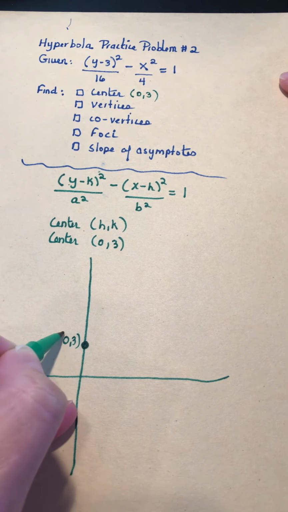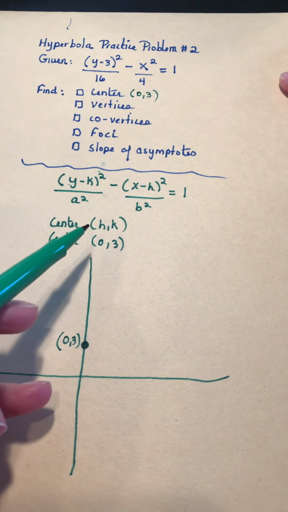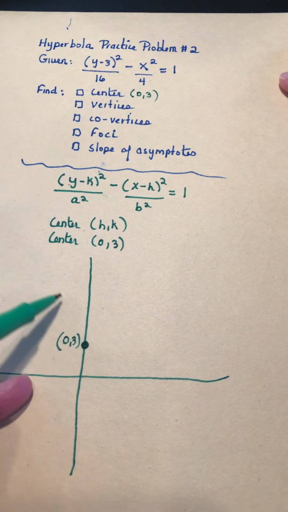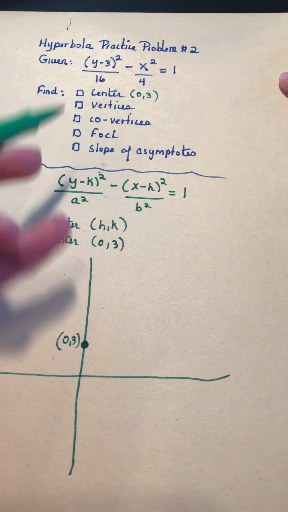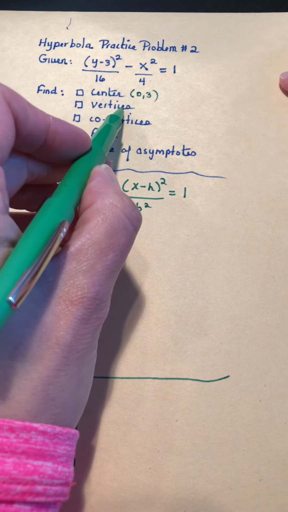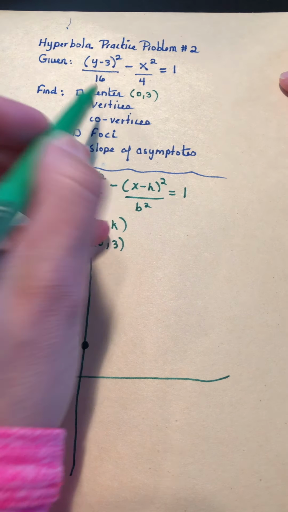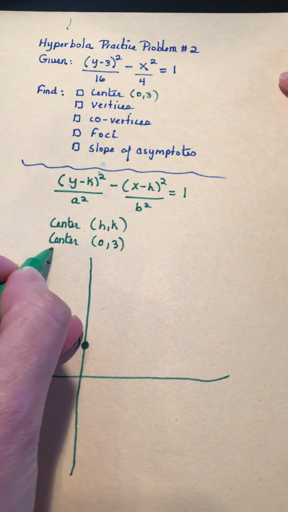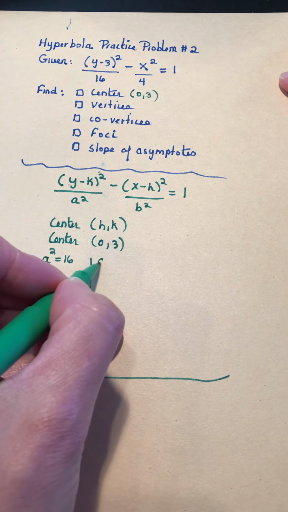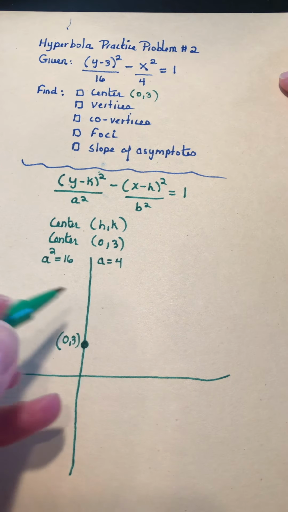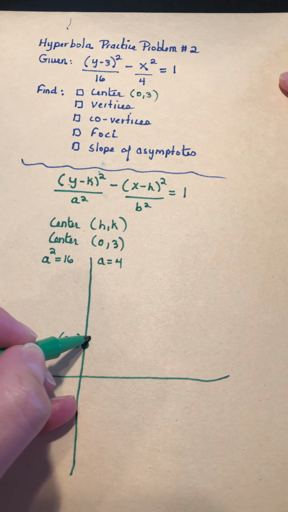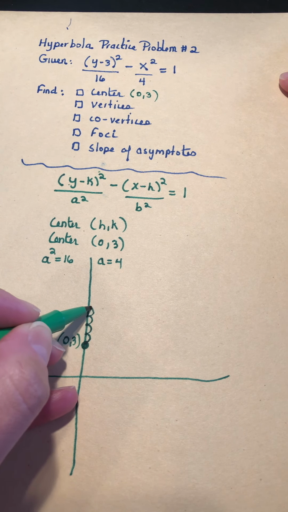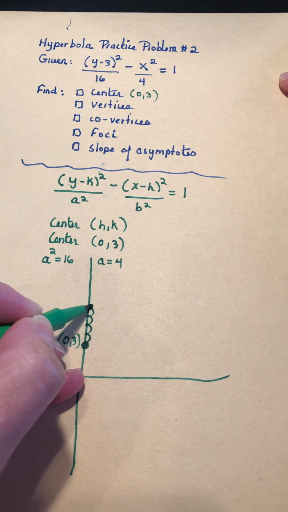Okay. Once I have the center, now remember, I know it's a vertical hyperbola, so the branches are going to be here and here. Let's find the vertices. So remember, the vertices are using the letter a. So a squared is 16, which means a itself equals 4. So from this point, I need to go up 4 units. 1, 2, 3, 4. Where does that leave me?